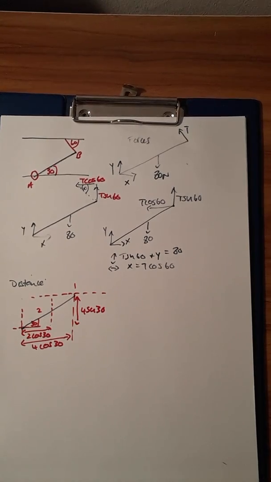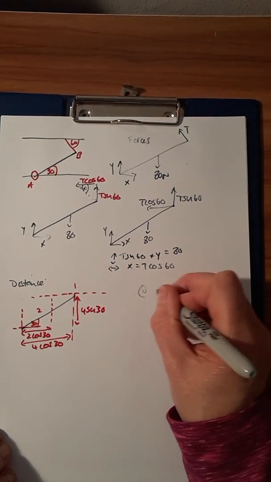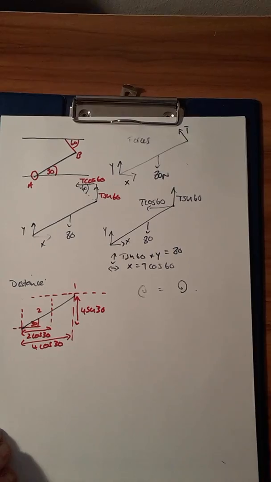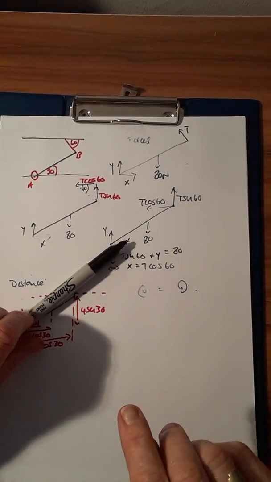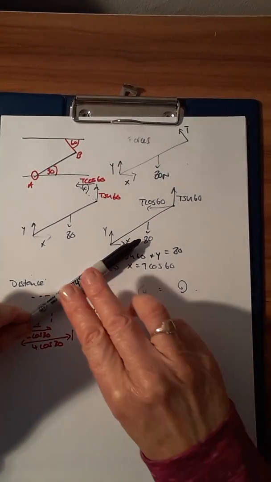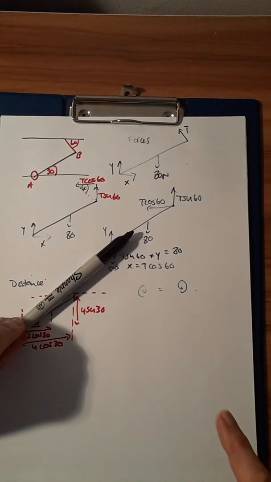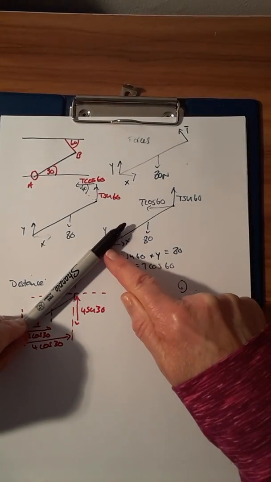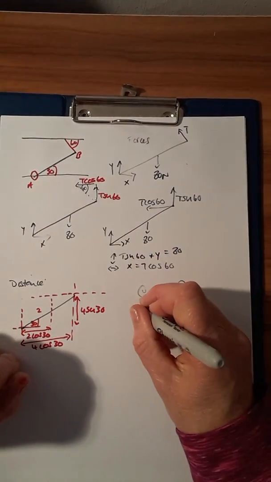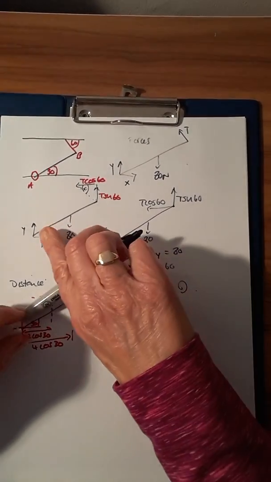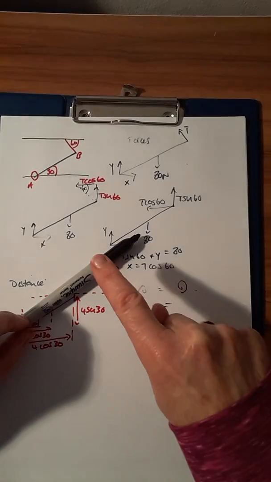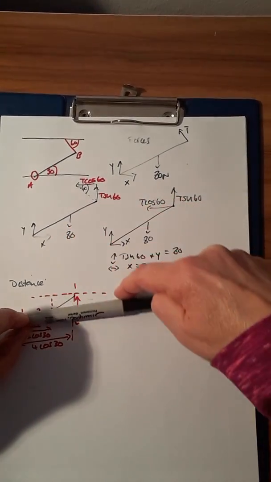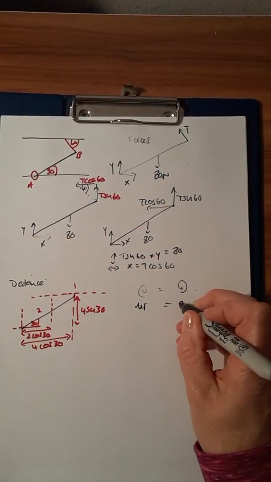I want to get the moments, so I'm going to have to use the anti-clockwise moments equal to the clockwise moments. So I'm going to move that rod about the fulcrum A. If I move it in an upward direction, that's going to be forces up from the right. And if I'm going to move it in a downward direction, it's going to come down with forces from the left.